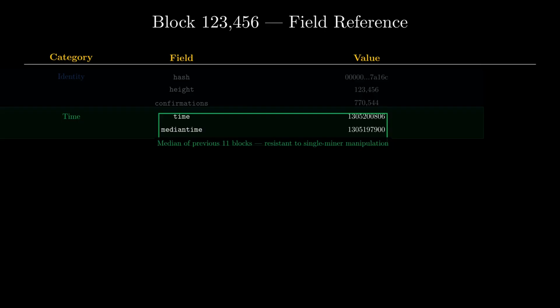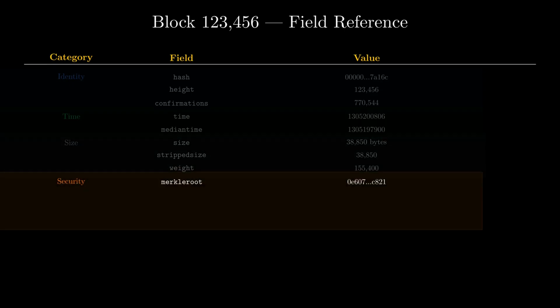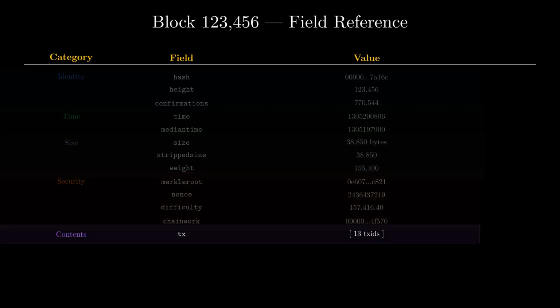Miners can skew their timestamps, but the median resists manipulation, a deliberate design for an adversarial network. Size, total bytes, stripped size without witness data, and segwit weight units. Security, the Merkle root. A single hash summarizing every transaction. Change one transaction and this hash changes completely, plus the nonce, difficulty, and cumulative chain work. Contents. An array of 13 transaction IDs.